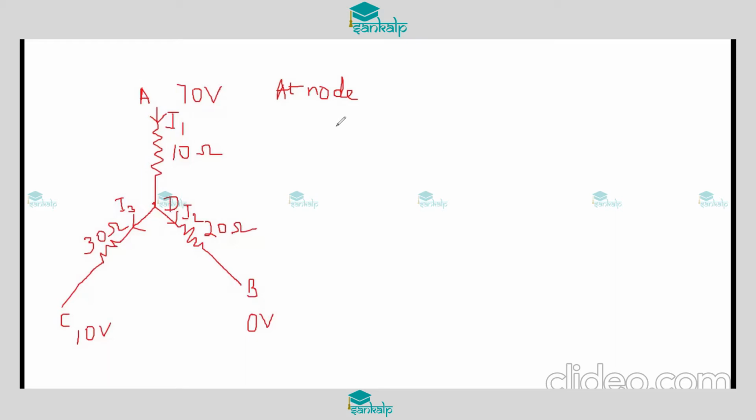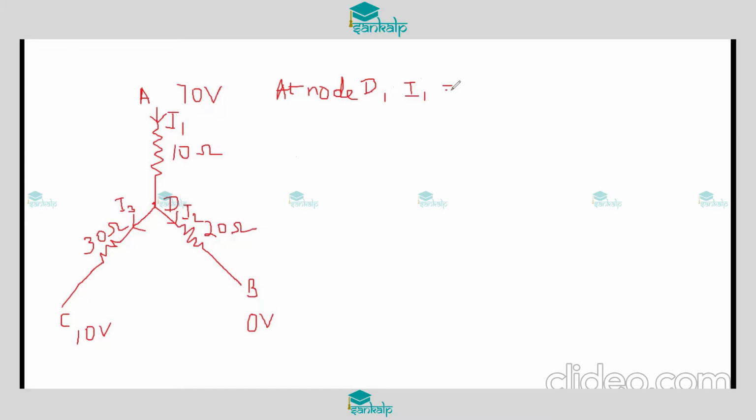According to that statement, at the node D, I can write I1, which is entering, so it is positive.